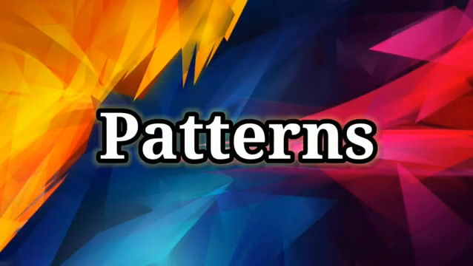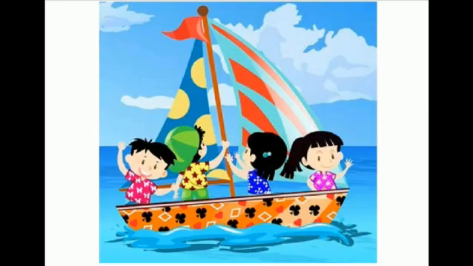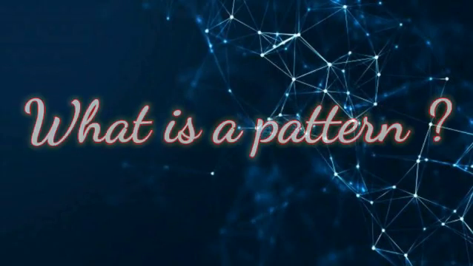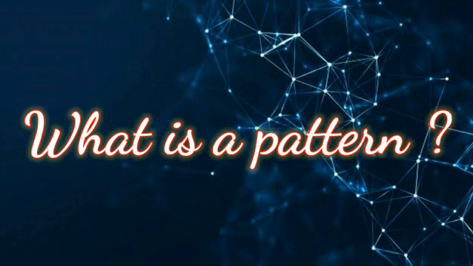Dear students, today we are going to learn about patterns. Patterns are present everywhere around us. Patterns are regularly repeated arrangements of colors, shapes, designs, lines, etc. on a surface. What is a pattern?